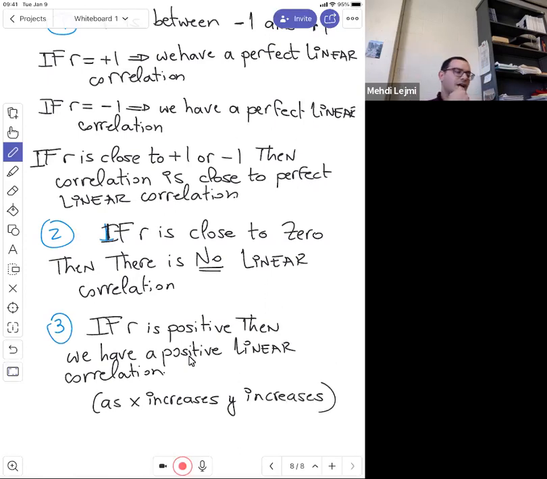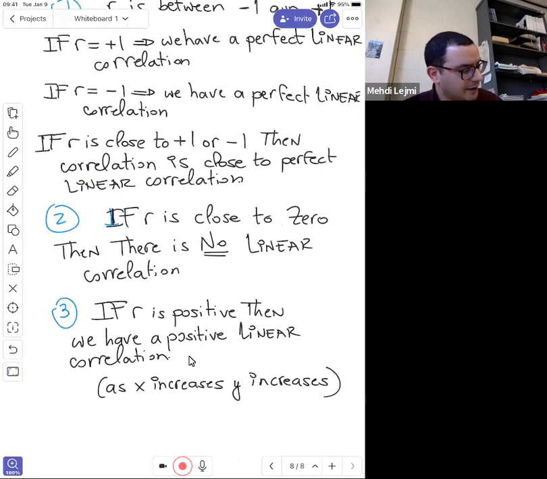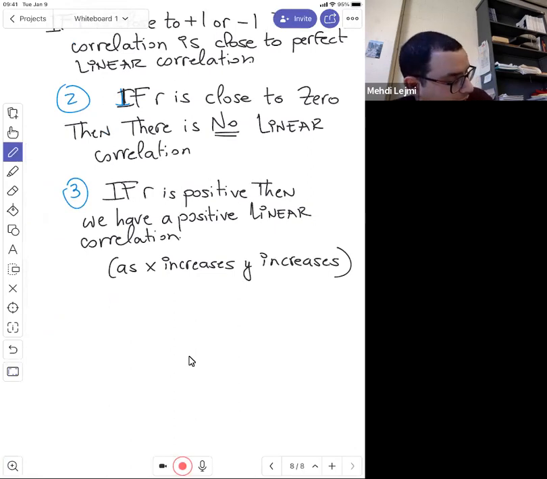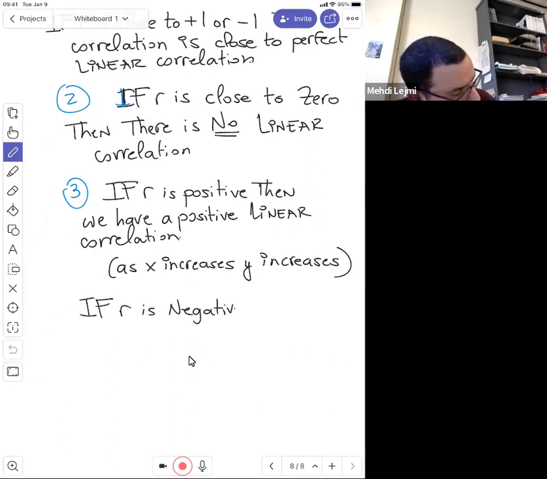Now, if R is negative, then that will be a negative linear correlation, right? And as x increases, y is going to decrease. So if R is negative, then we have a negative linear correlation.